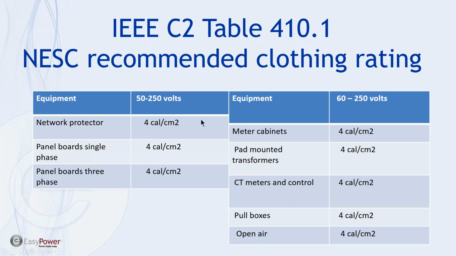The thought being that under typical applications, in a worst case, at these voltages, you won't exceed 4 calories per square centimeter if the system's been designed and coordinated properly.